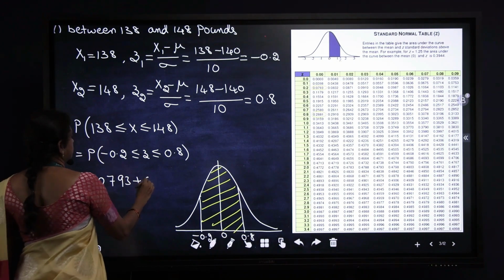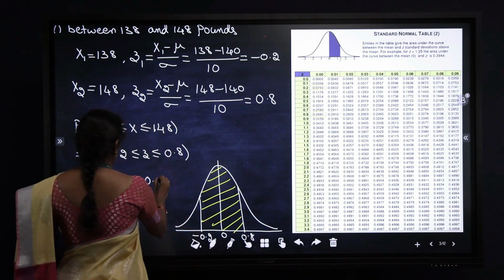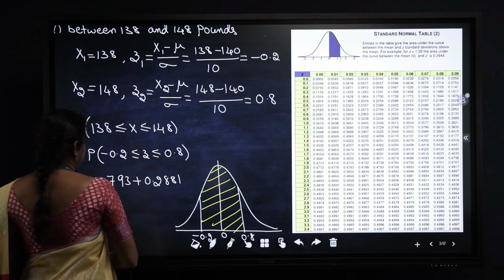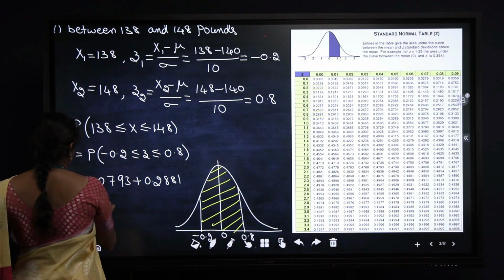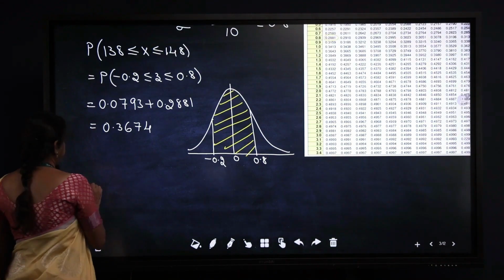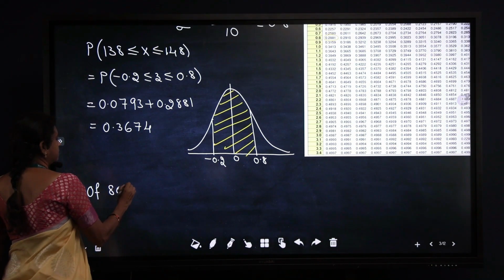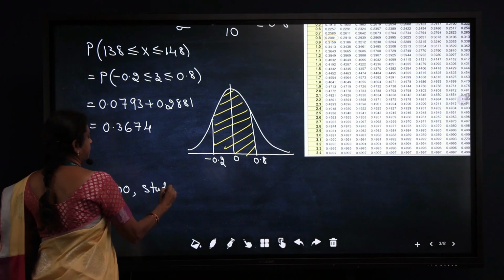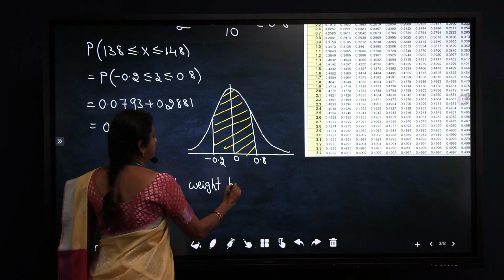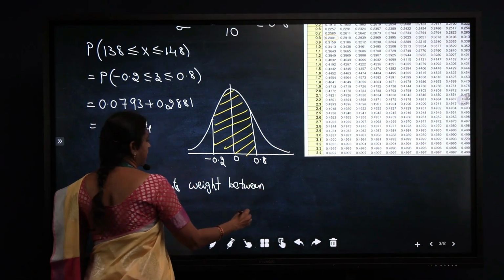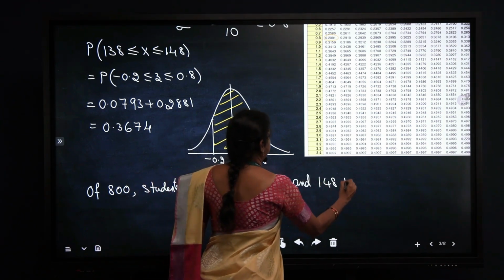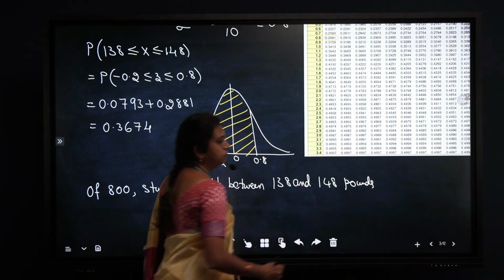So this value will be equal to 0.0793 plus 0.2881, and adding these we have the probability value as 0.3674. Of 800 students, the number of students whose weight is between 138 and 148 pounds will be equal to 800 into this value.